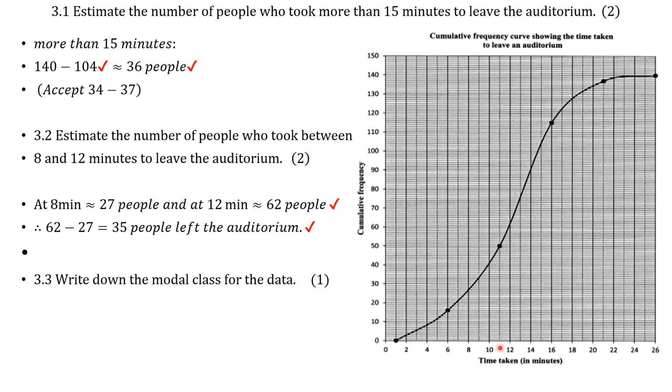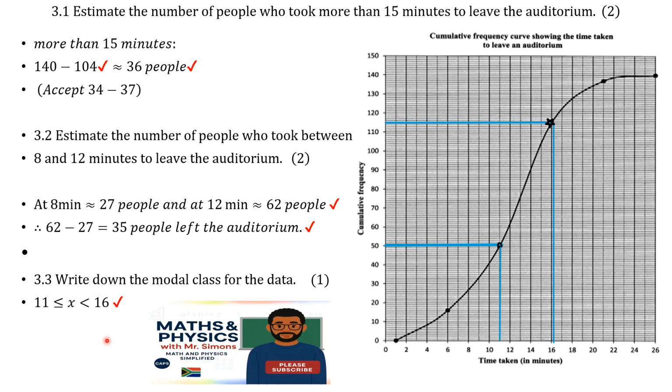So that is between 11 and 16. Between 11 and 16. So my modal class there, if I go there, that's about 50, and that's about 115 minus 50. That will give me 65, that gap between those two dots. So my modal class is x less than 16, greater or equal to 11.